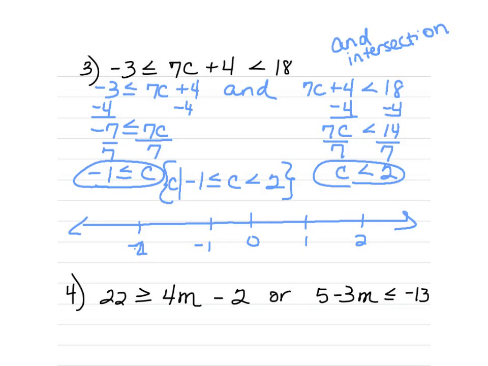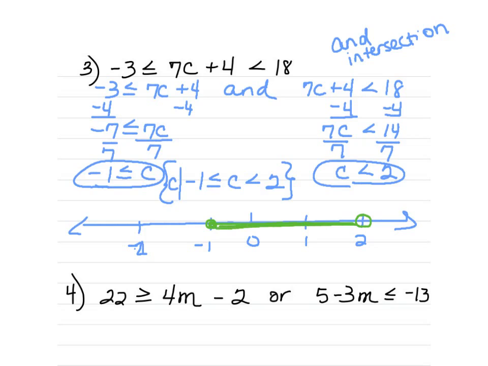Okay, we're going to have a closed circle here. And that would be shading to the right, correct? And then c is less than 2, so I'm going to have an open circle there, and we're going to shade everything to the left. But of course, we're only going to shade the points that they would have in common, which would be the points in the middle. Okay?